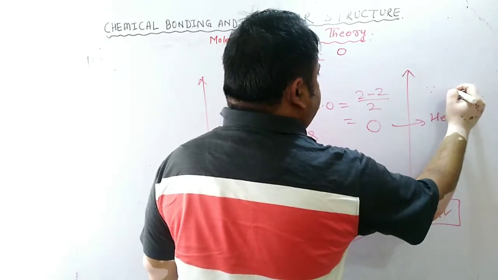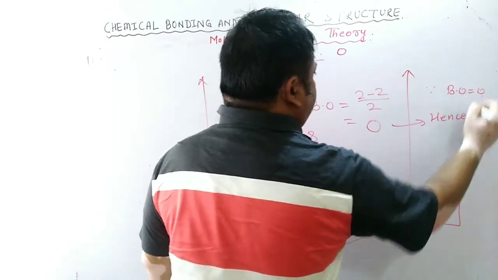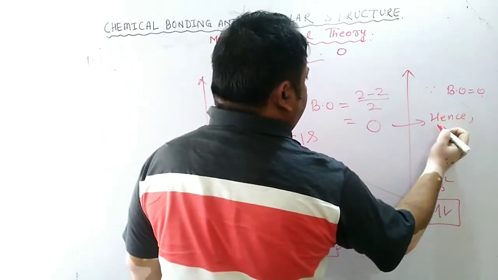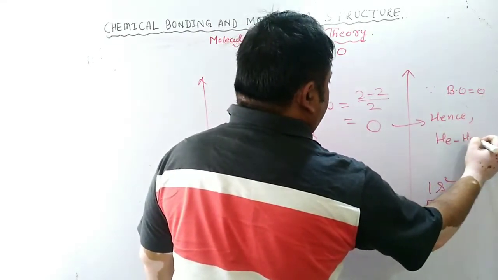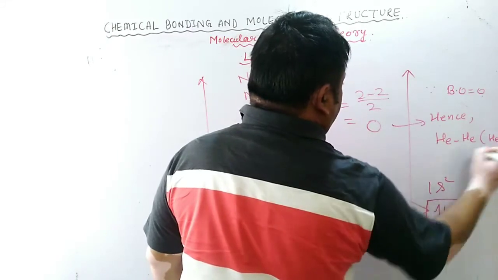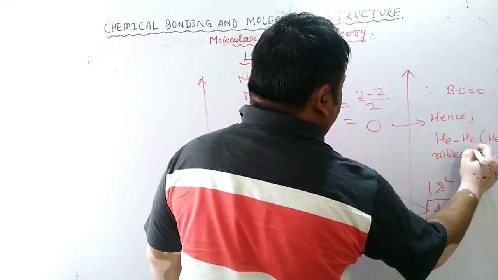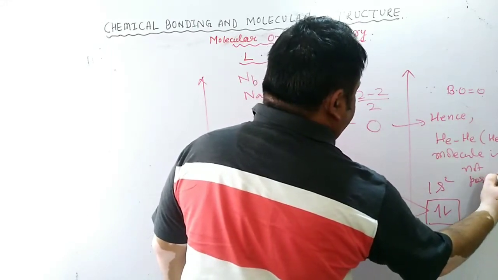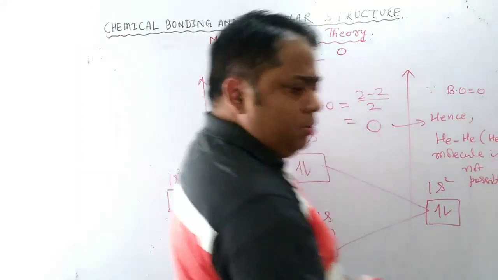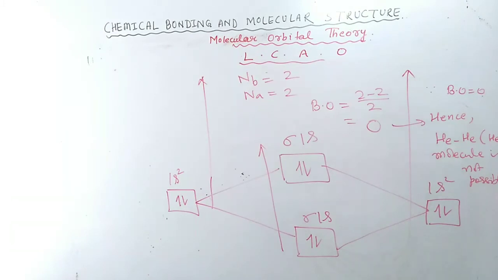Since bond order is equal to 0, hence the He2 molecule is not possible. It can now be mathematically proven.